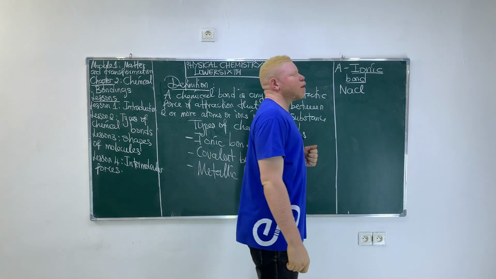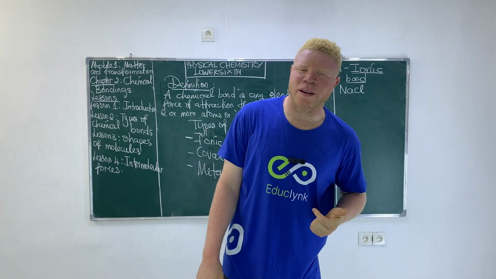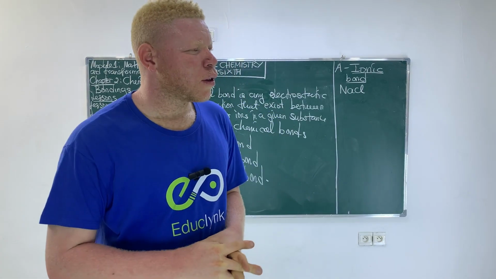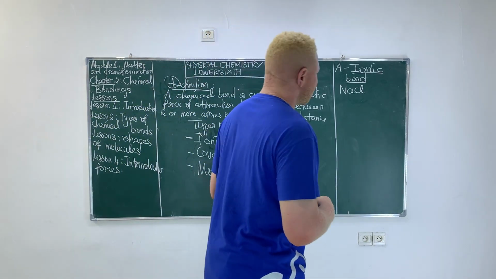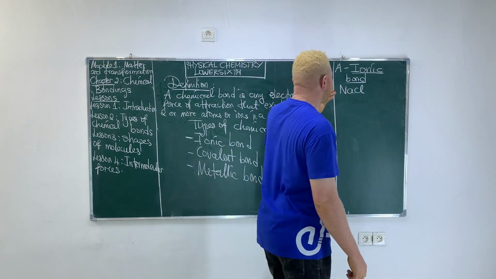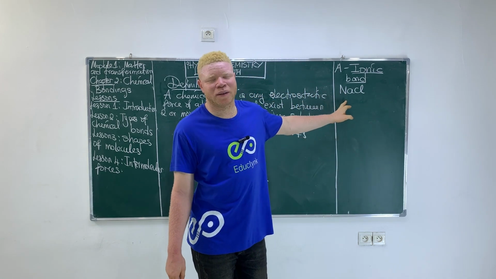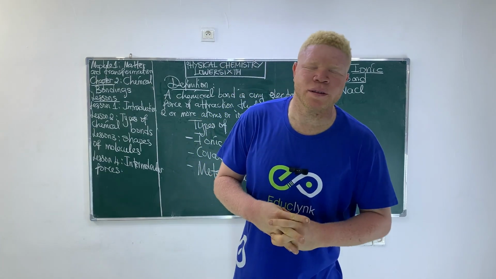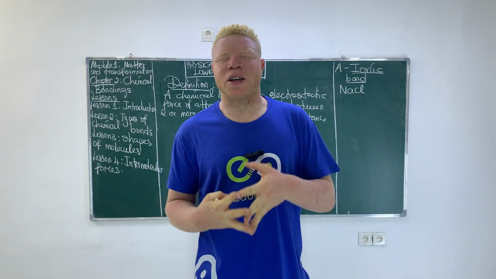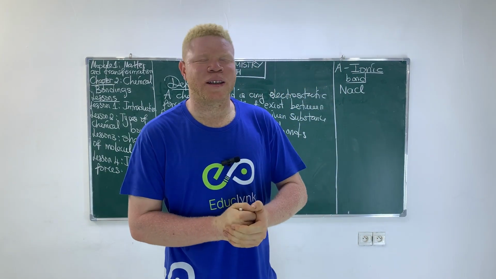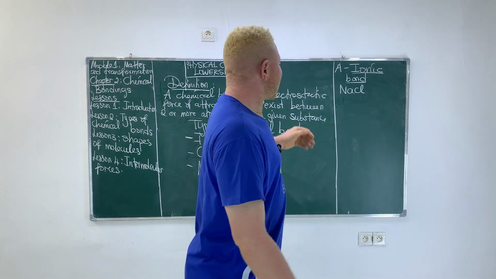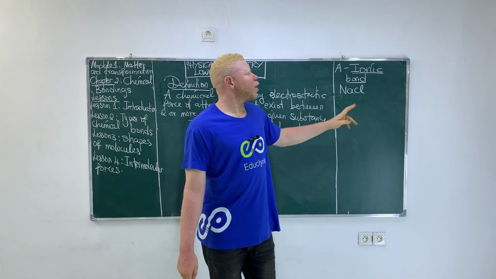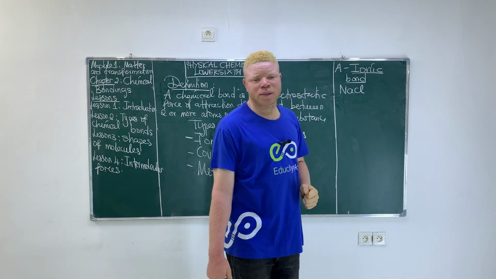In this case, the ionic bond is between the metal, that is sodium, and the non-metal, that is chlorine. During ionic bonding, there will be the transfer of electrons from the metal to the non-metal. So at the end of chemical bonding, the metal is positively charged, while the non-metal is negatively charged. Why? Because the metal is losing electrons, while the non-metal is gaining electrons.